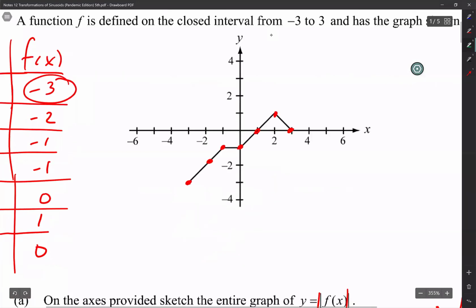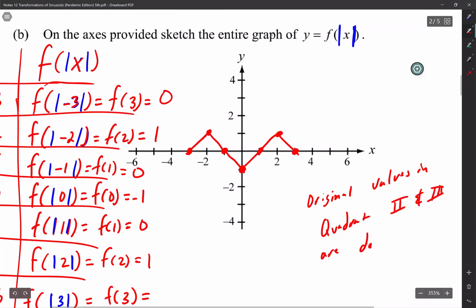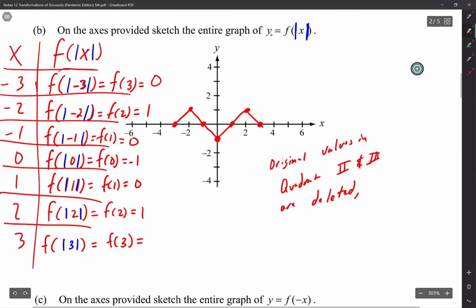So I'm going to put: original values in quadrant 2 and 3 are deleted. Comma.